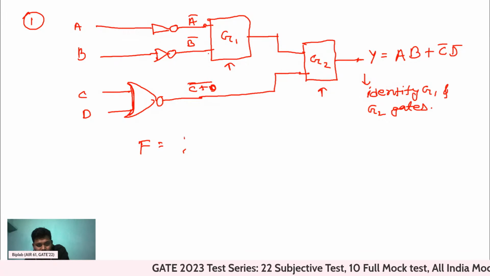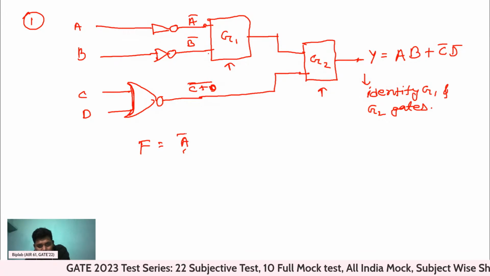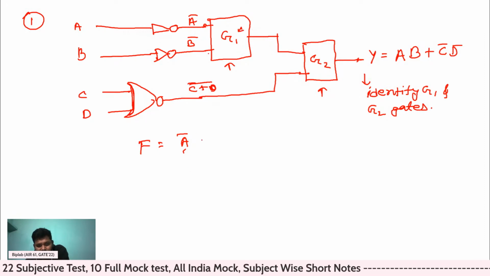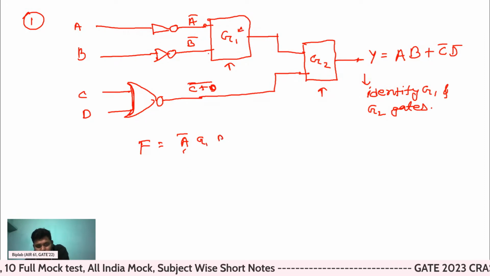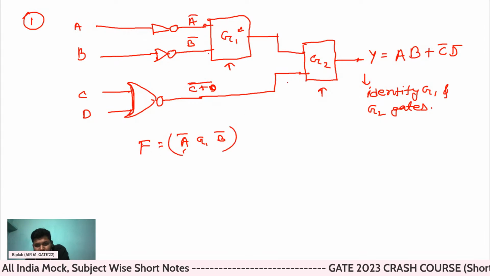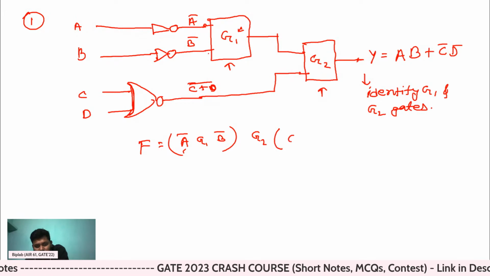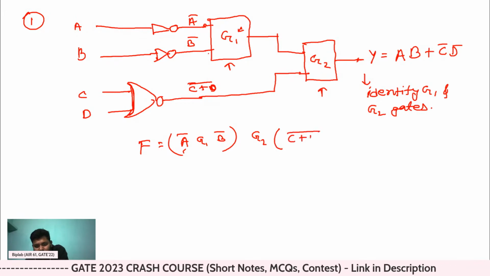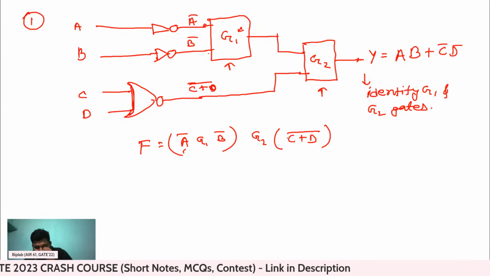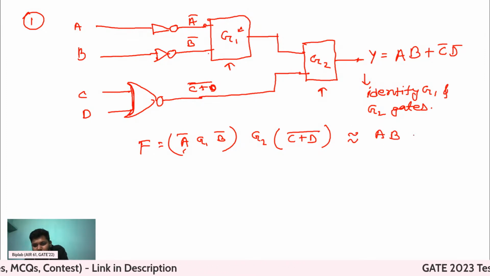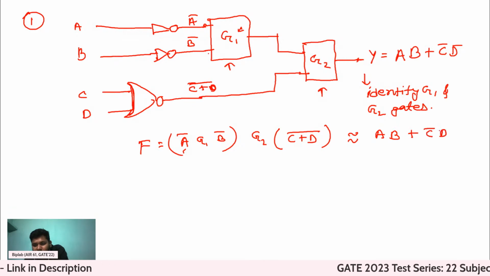So your output is A bar, having some operation, let's say G1 operation, with B bar, and that will have some G2 operation with C plus D whole bar. Now this should be equivalent to AB plus C bar D bar.